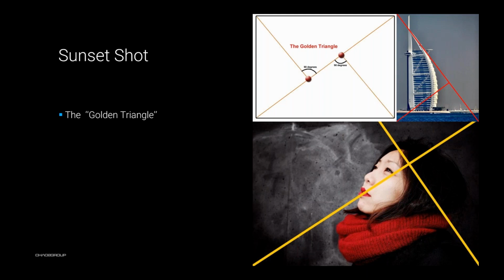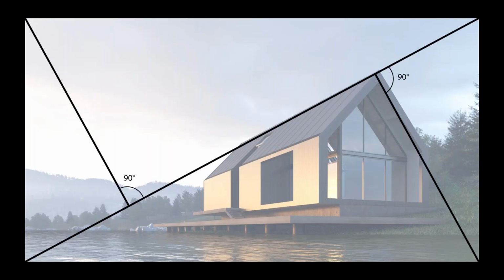For the main shot, I'm using the golden triangle composition rule, which is really famous and works really well in that case. As I mentioned, the geometry in our scene can suggest what kind of composition we can use. And with those swapped rules, we can just use the diagonals and use the golden triangle rule.